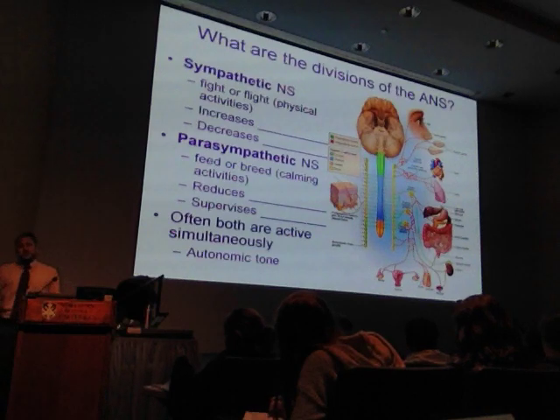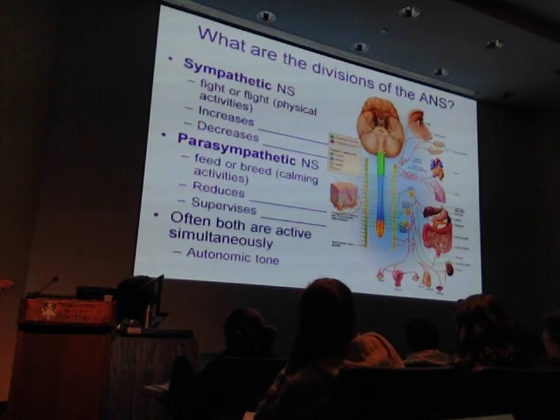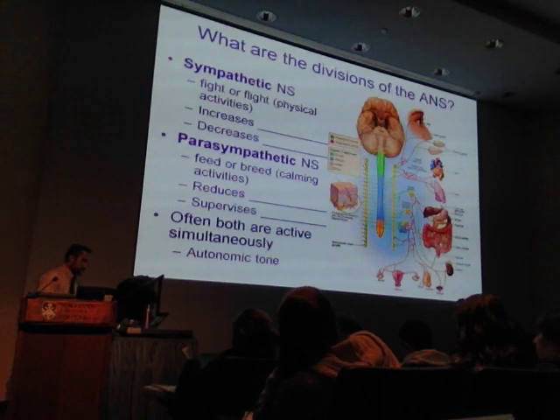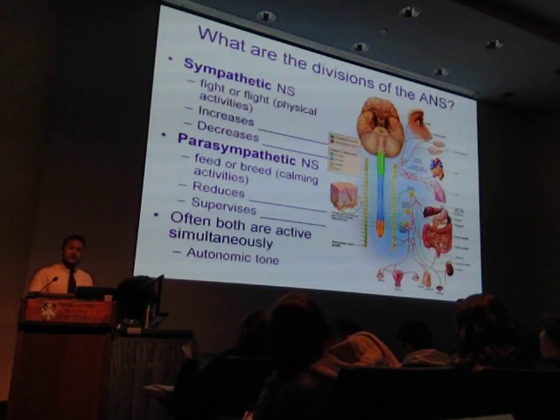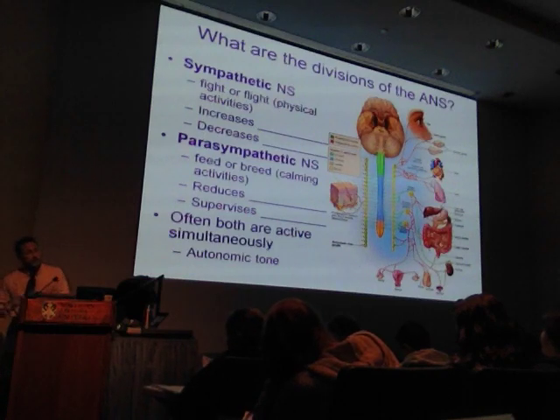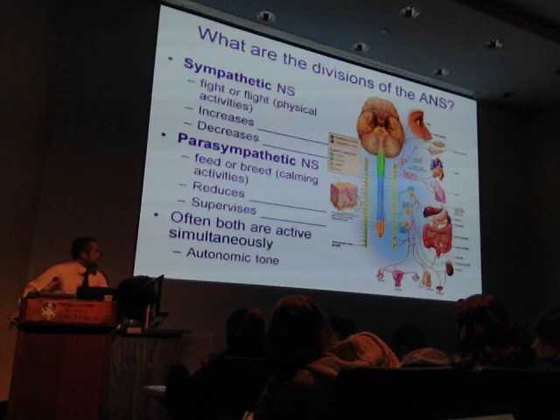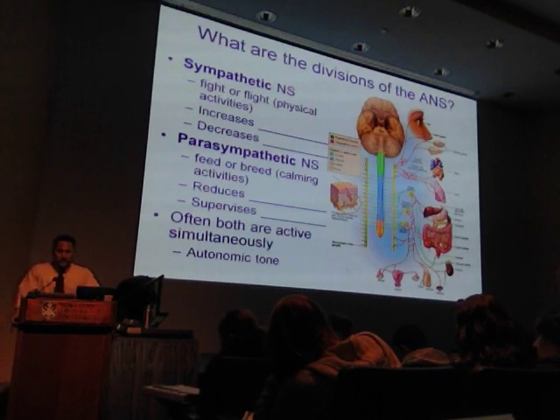Our sympathetic branch is activating things for fight or flight, physical activities. Increases heart rate, increases blood pressure, increases respirations or breathing, increases blood flow to skeletal muscles, and it decreases perfusion to the digestive tract, and it decreases perfusion to the skin.